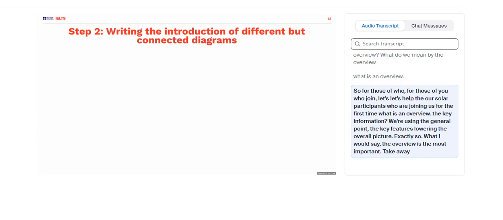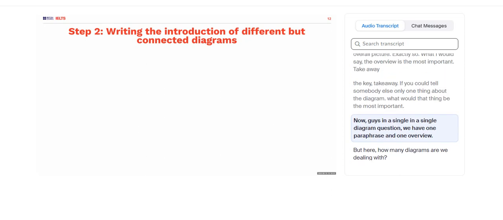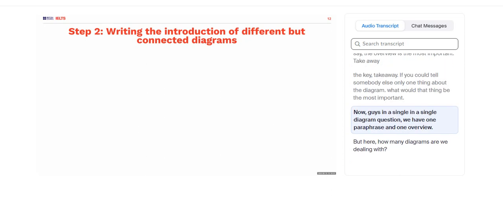Exactly. So I would say the overview is the most important takeaway, the key takeaway. If you could tell somebody else only one thing about the diagram, what would that thing be? The most important thing. Now, in a single diagram question, we have one paraphrase and one overview.